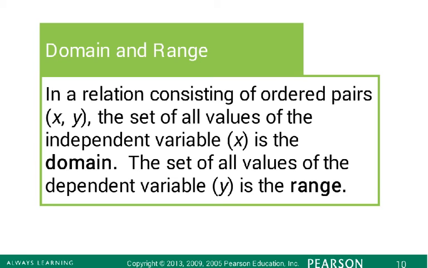So if you don't understand it, please ask me more questions about it during class and I will help you as much as possible. So in a relation consisting of ordered pairs (x, y), the set of all values of the independent variable x is the domain, and the set of all values of the dependent variable y is the range.